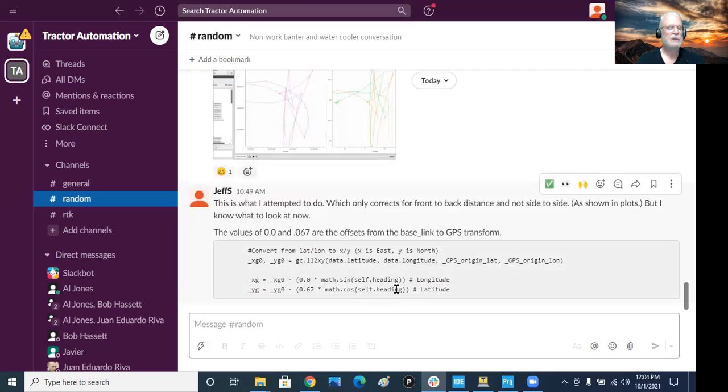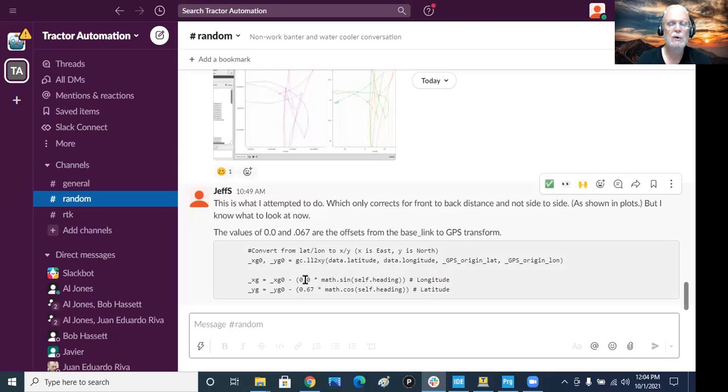It's like translating in graphics: if you want to translate a point from one point to another, you take the existing point, take the angle of the vector, take the sine and multiply it by the length in that direction.